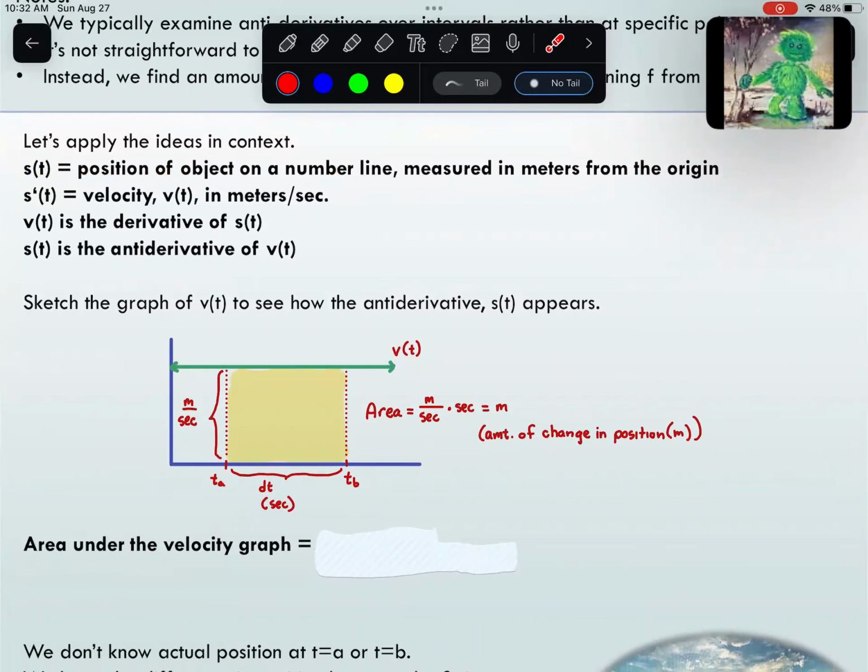As you know from previous coursework, if we take s prime, that will give us the rate of change of position, otherwise known as velocity, which we might also call v of t. The units would now be meters per second. So we could say v is the derivative of s, but as of today, we can also say s is the antiderivative of v.